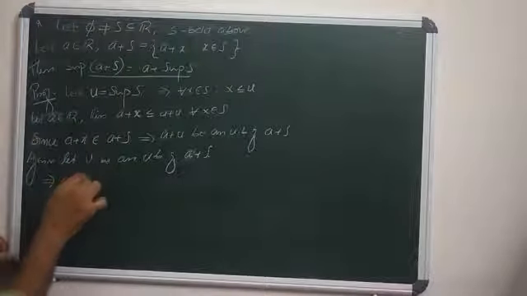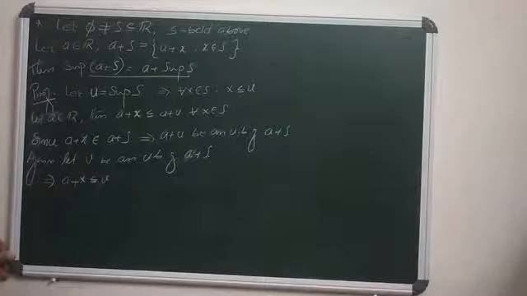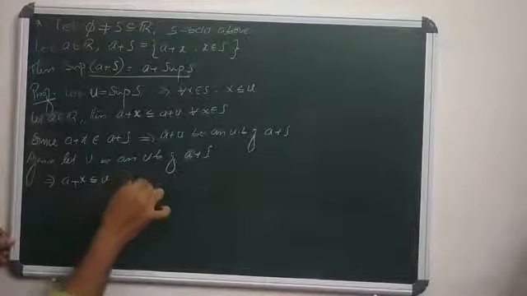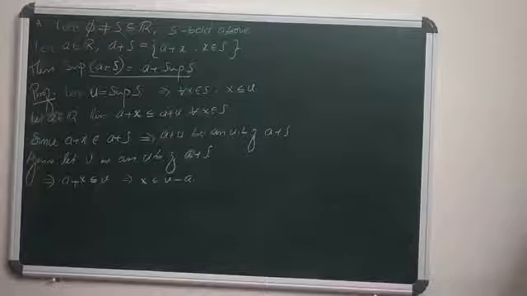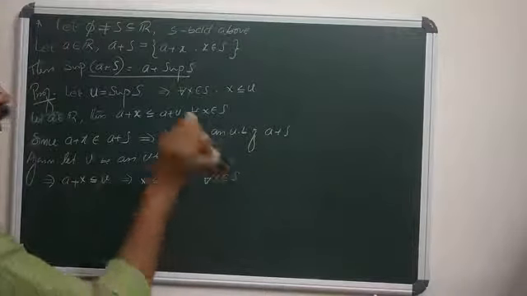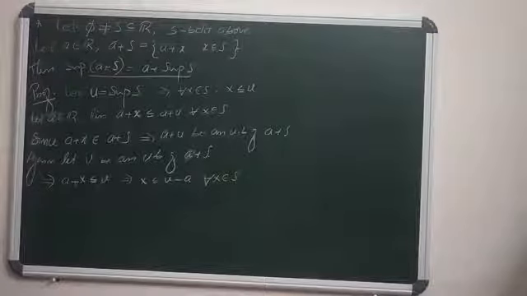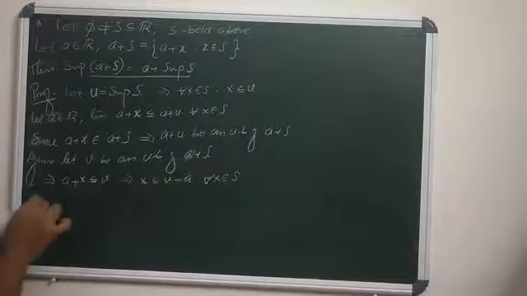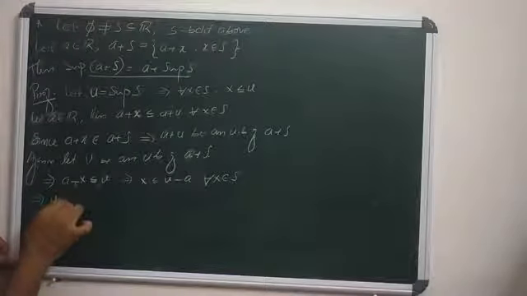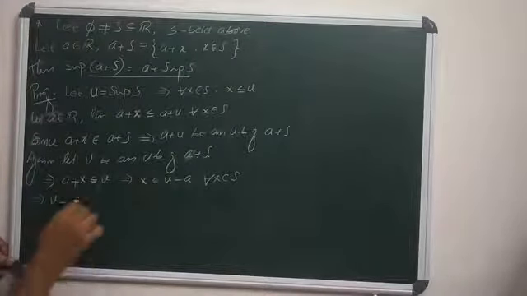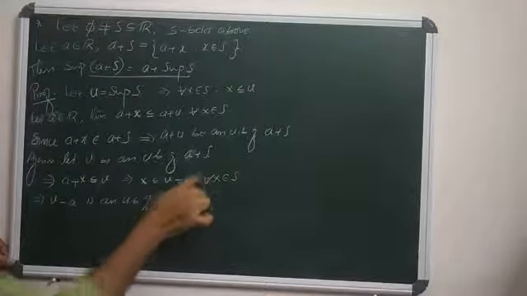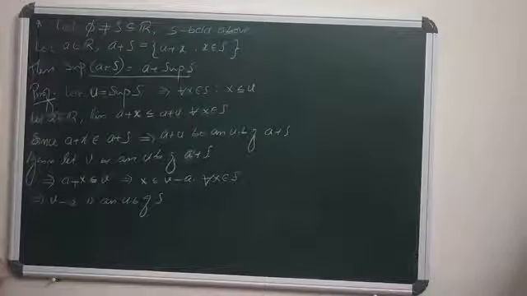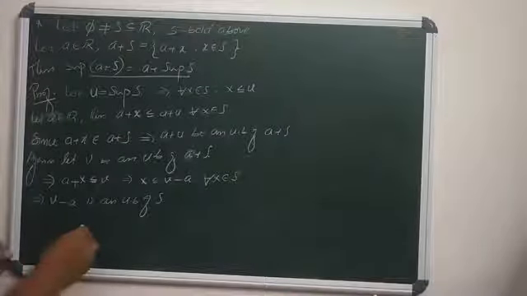Therefore, since v is an upper bound, a plus x is less than or equal to v. This means x is less than or equal to v minus a for all x falling in S. So by the definition of upper bounds, v minus a is an upper bound of S, because x falls in S.